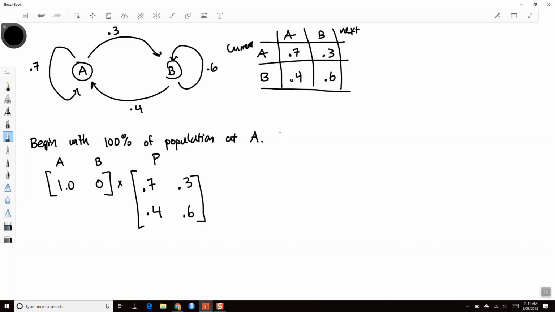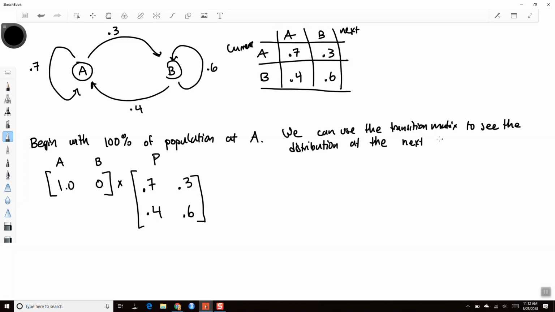Okay, and we can use the transition matrix to see the distribution at the next time. So we're going to start off with 100% of the population at A. So after one transition, after one time, what do we have?